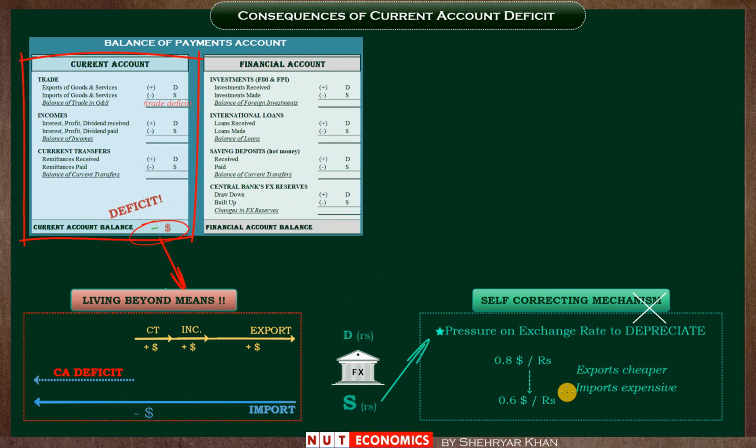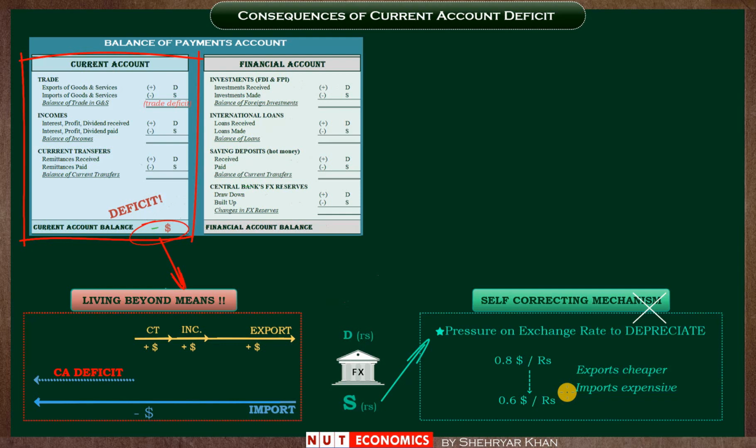Not useless, but useless in the sense that, as compared to these consumer goods that you buy from other countries, many countries also rely on importing essential inputs and raw materials such as petroleum and coal from other countries. And when your imports become expensive, all of these imported raw materials and inputs also become more expensive.